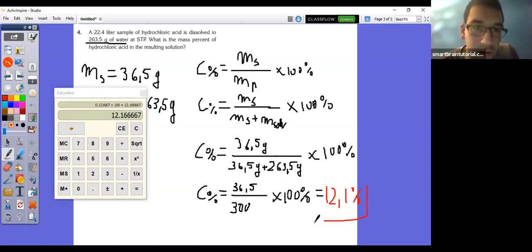And remember, at STP, 1 mole of any gas is always 22.4 liters. Is it clear? Any question?